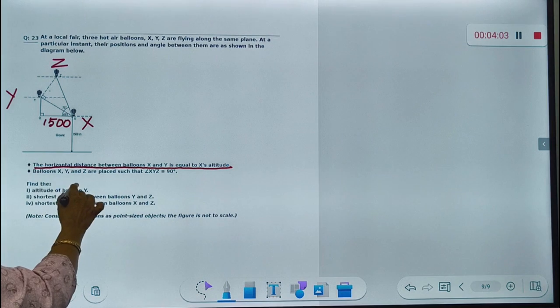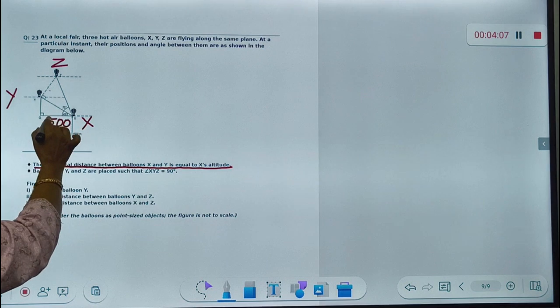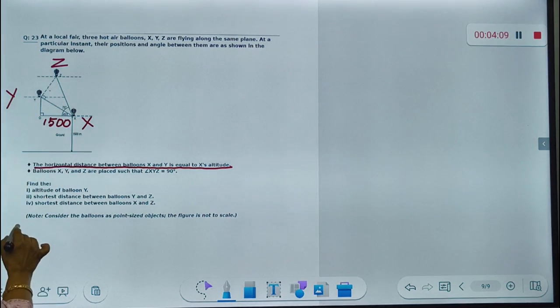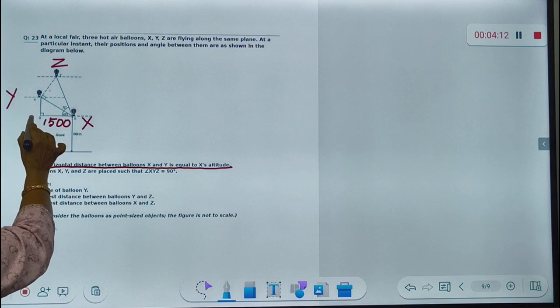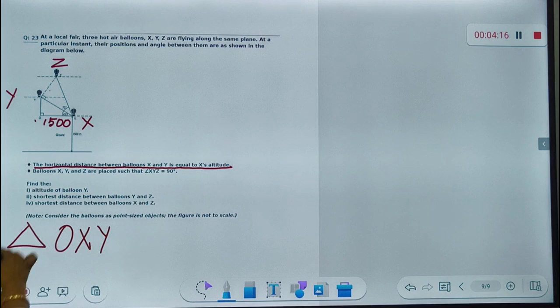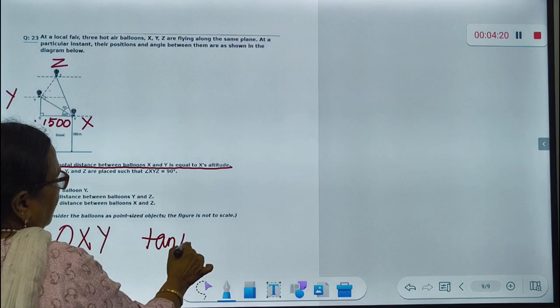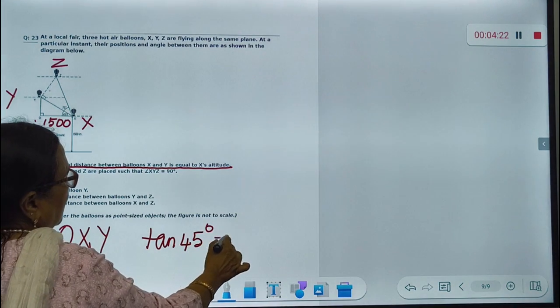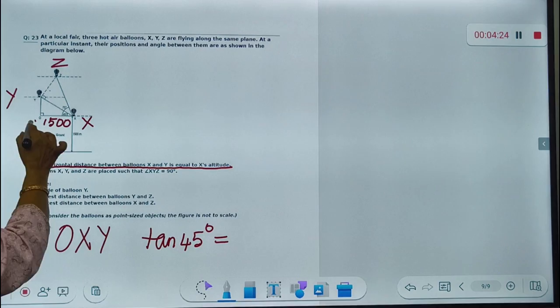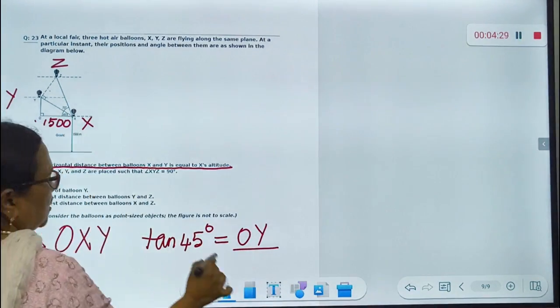Okay. Now we have to find what? We have to find the altitude of Y. That means we have to find, first of all, OY. So now let us look at triangle OXY. Now we know that tan 45 is equal to opposite, OY, by 1500.